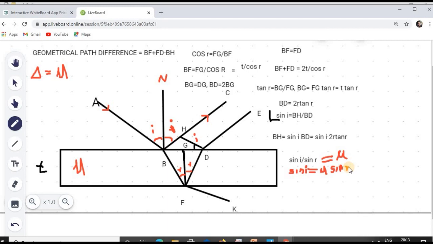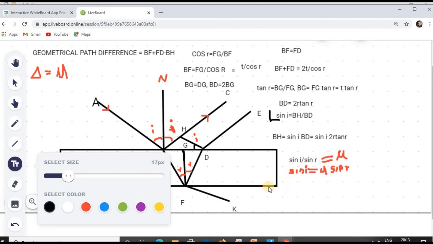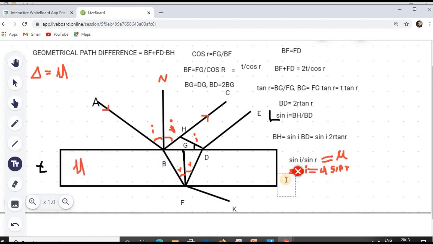So from that I can write BH. Instead of sin I, I can write mu into sin r.